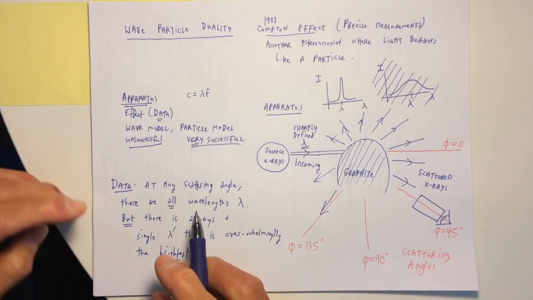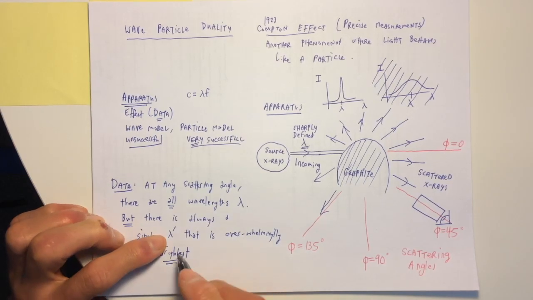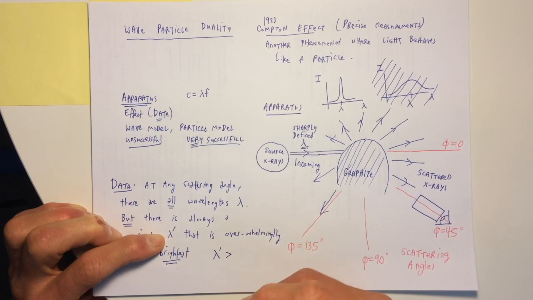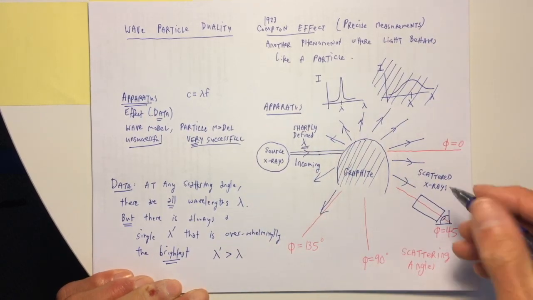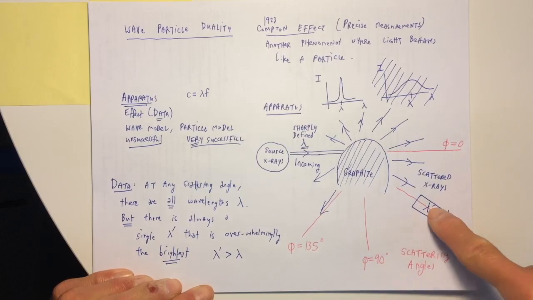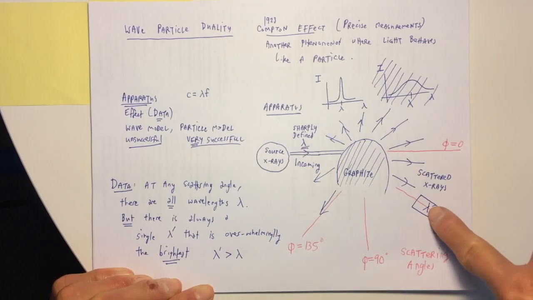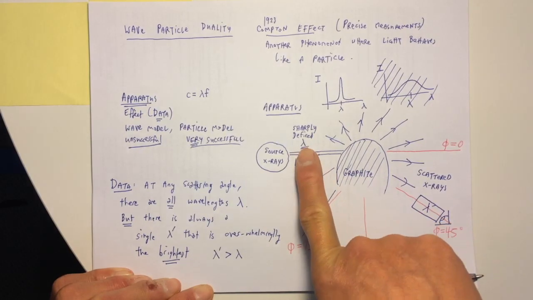And let me show you what some example data looks like. So this lambda prime actually is always bigger than the original incoming X-ray lambda. The outgoing lambda prime, you will discover that of all of the wavelengths, all the colors of light coming towards the observer, there is a particular wavelength that is different from the incoming wavelength.